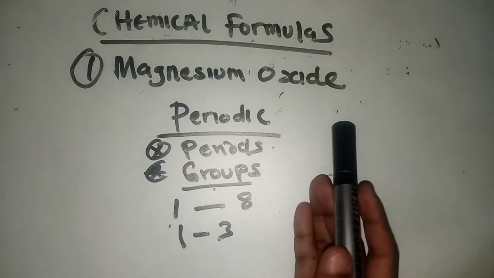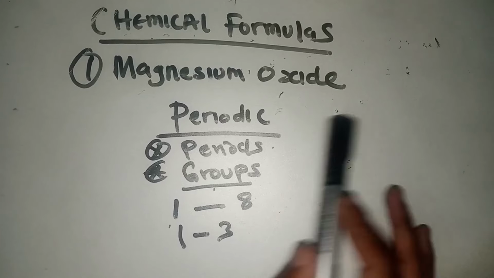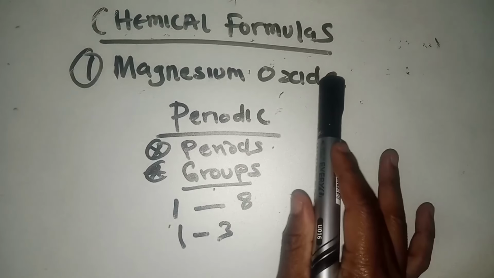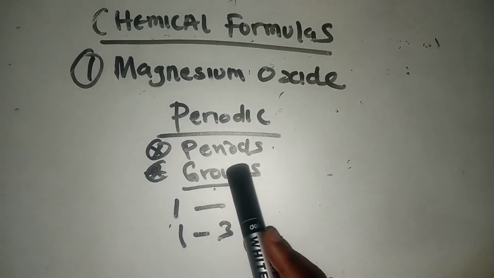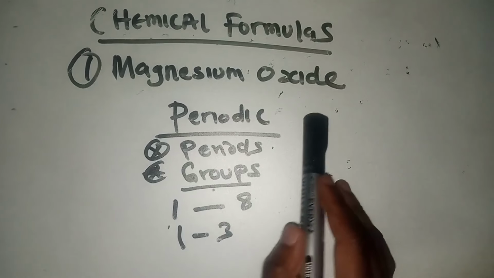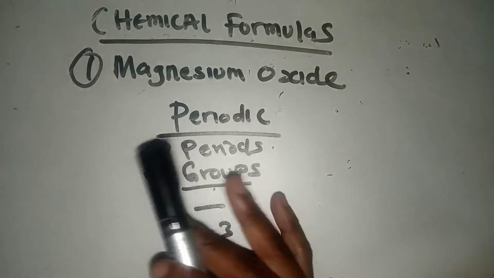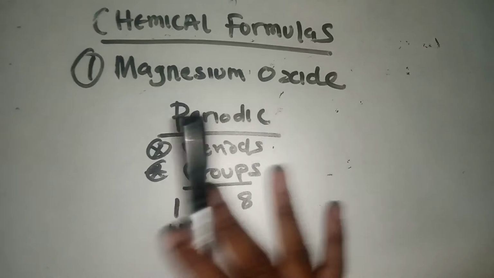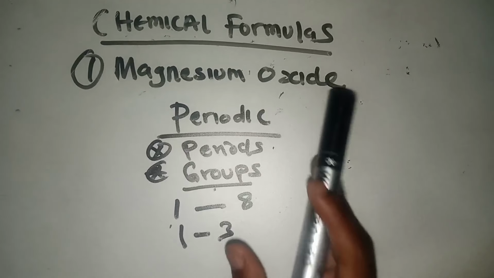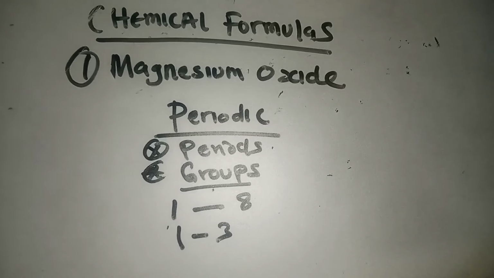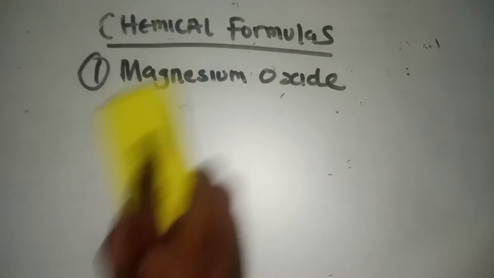At the far end of the periodic table, group 8, you'll find the noble gases. They neither lose nor gain electrons. They are stable the way they are. I hope you understand that point.